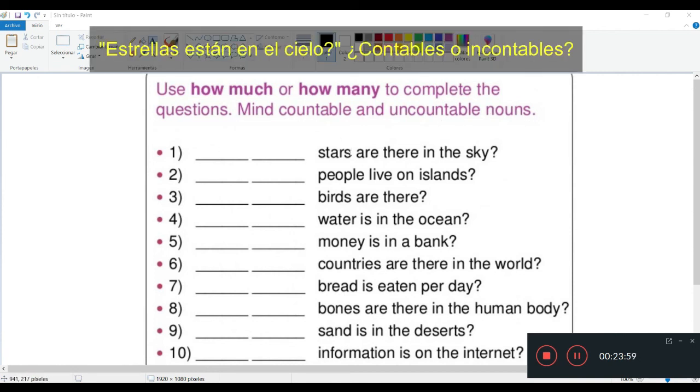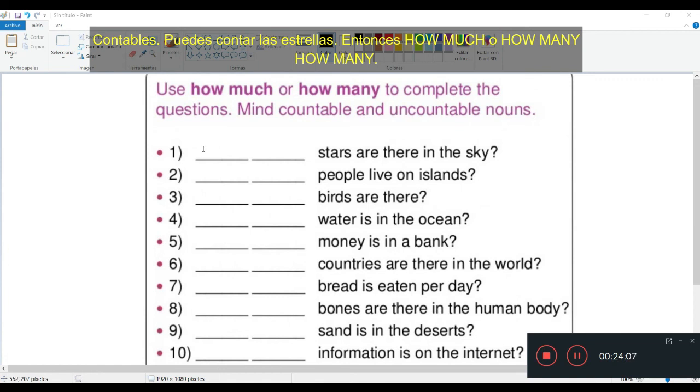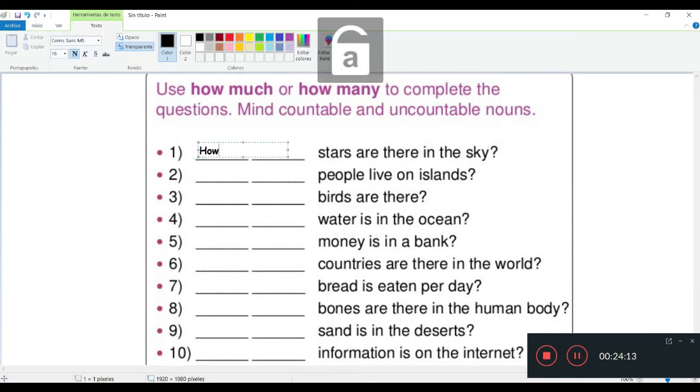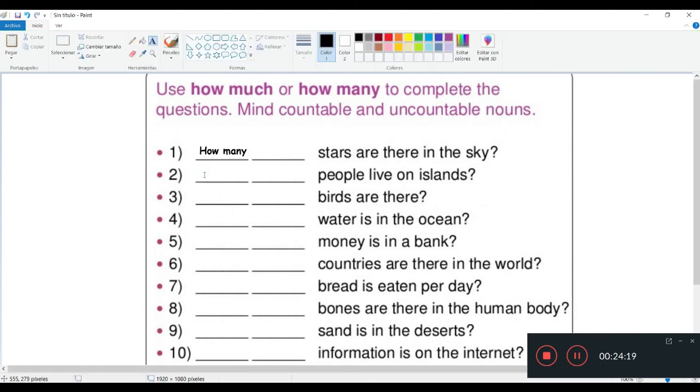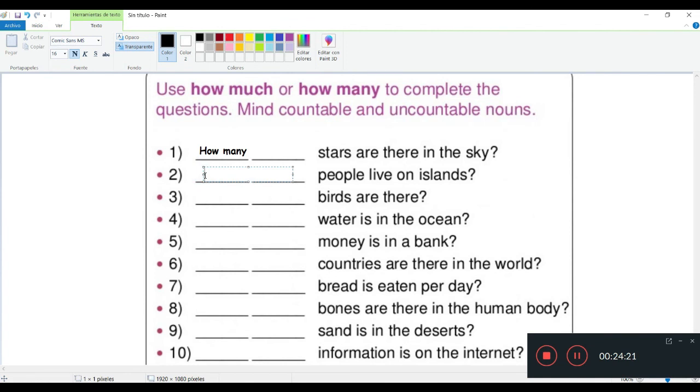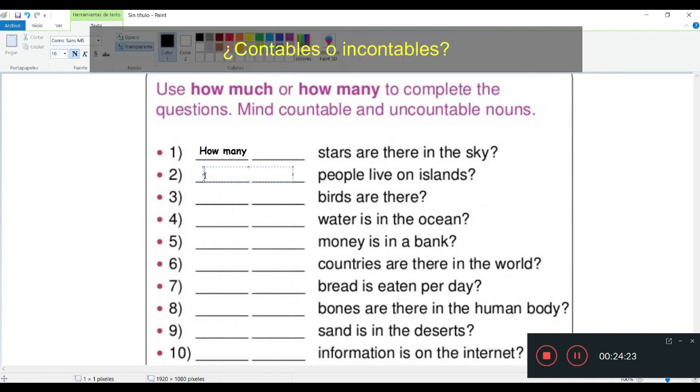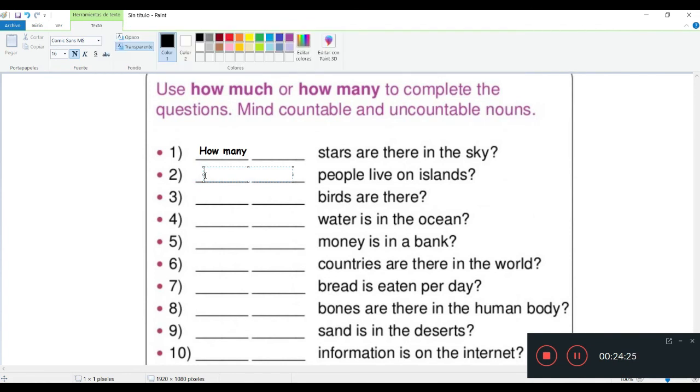Stars. Are there in the sky? Countable or uncountable? Countable. You can count the stars. So, how much or how many? How many? How many stars are in the sky? People. Personas. Countable or uncountable? Countable.